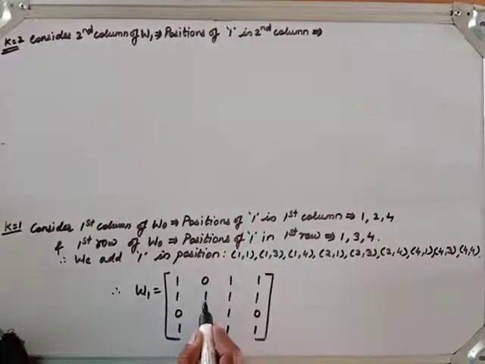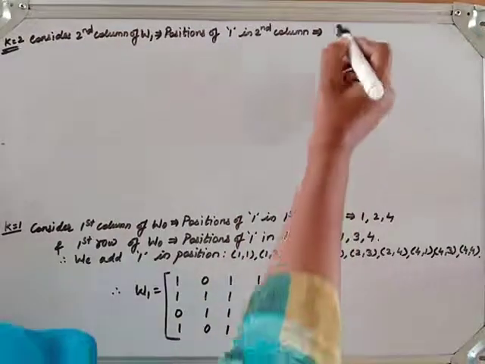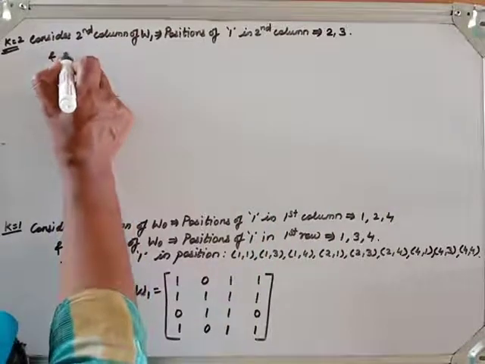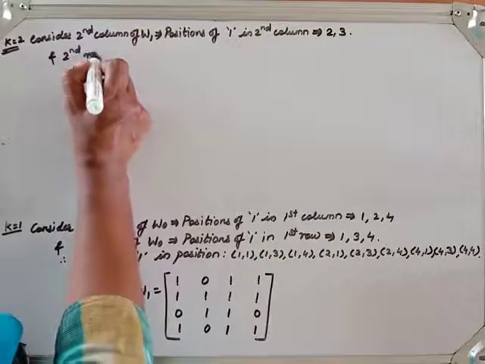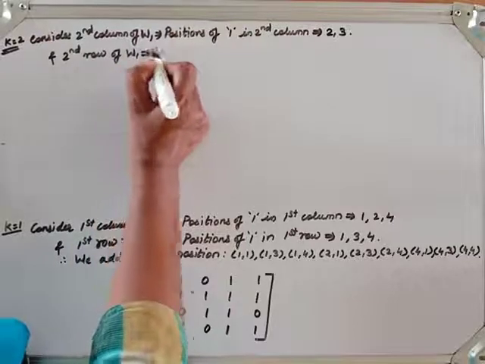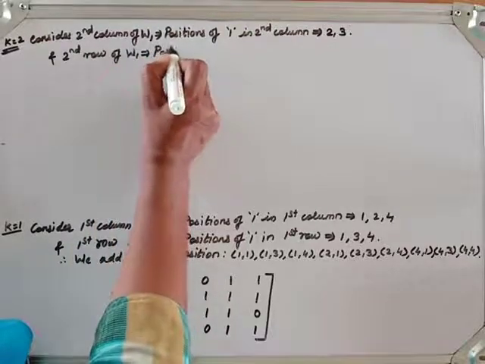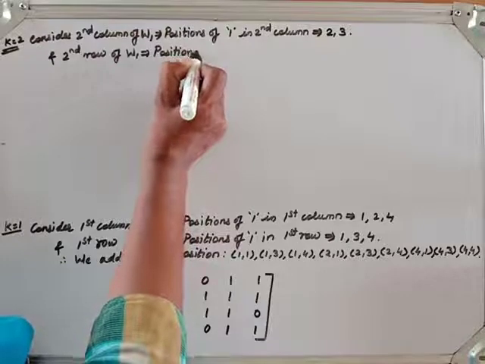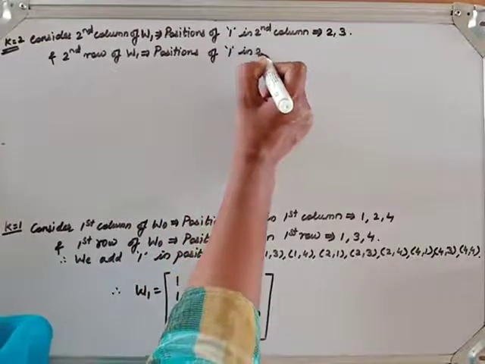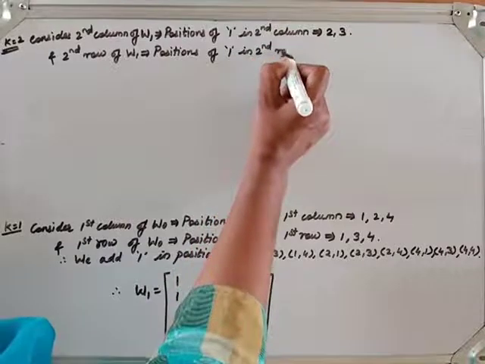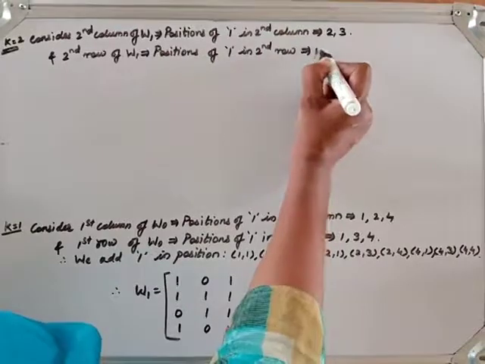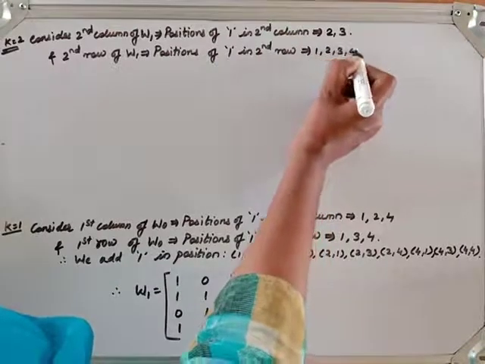Positions of 1 is second and third, and second row of W1 gives positions of 1 in second row. What are the positions of 1? It is everywhere. 1, 2, 3 and 4.